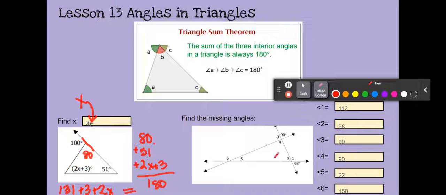All right, and again, to find the missing angles, we know this is 90 degrees.